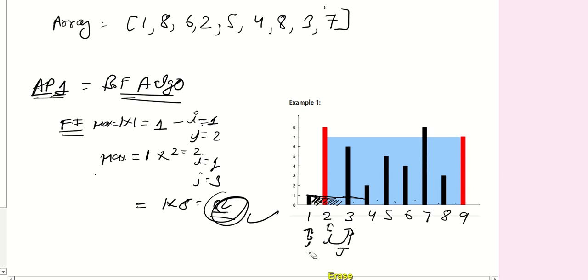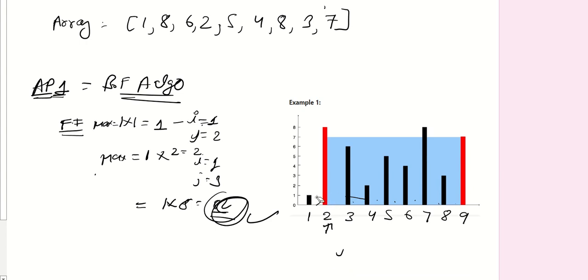Now your i value will be here, let me delete this one as well, and then j value will be here. Okay, iteration 2, let me write it over here.